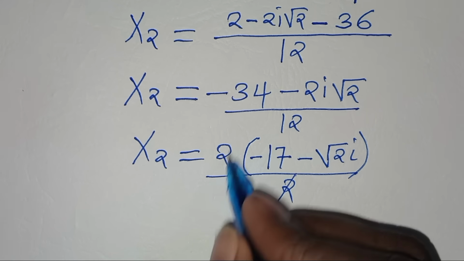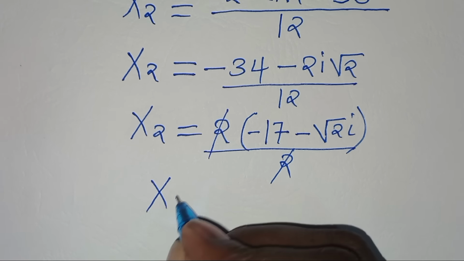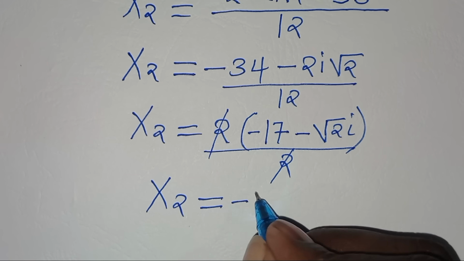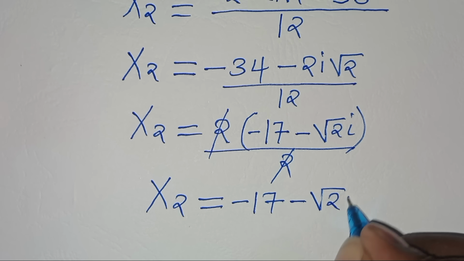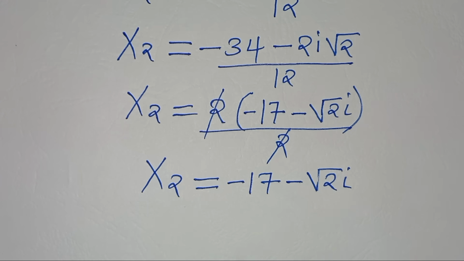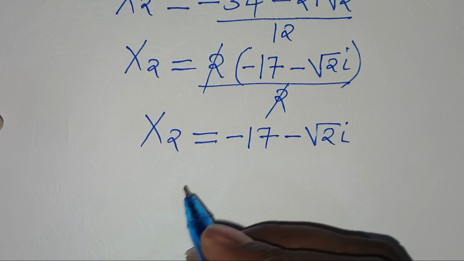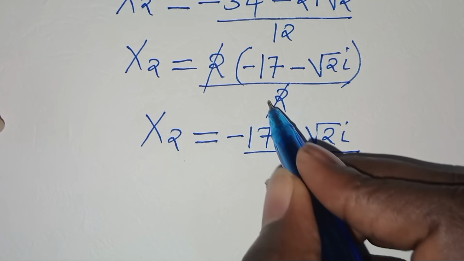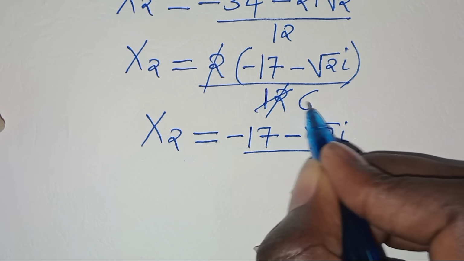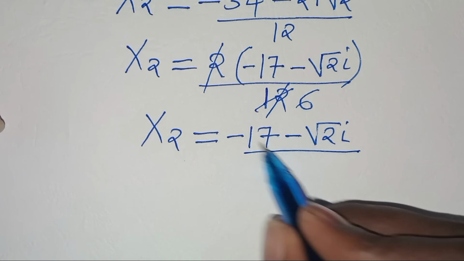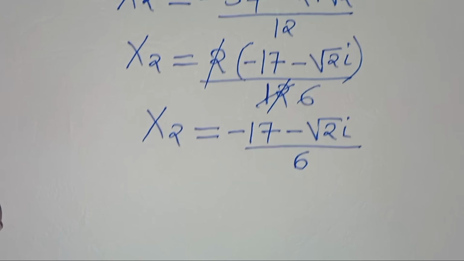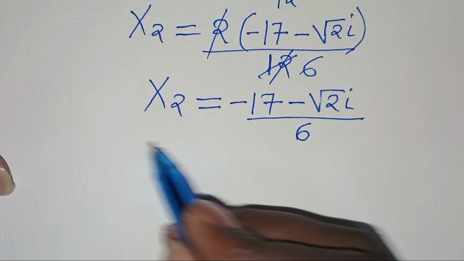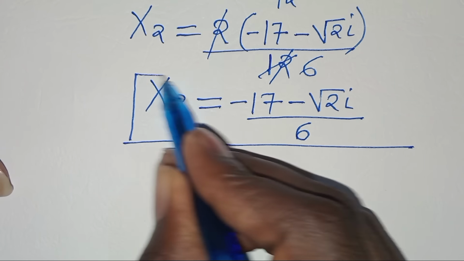So we can simplify 2 and 2 here, so that now x2 is equal to negative 17 minus square root of 2i. So this is the value of x2. This implies that divided by, now this is 12, so this is 6. So we have minus 17 minus root 2i, then divided by 6. This is the value of x2.